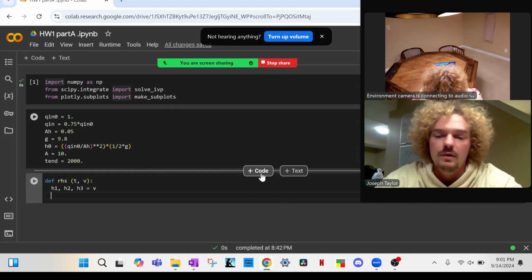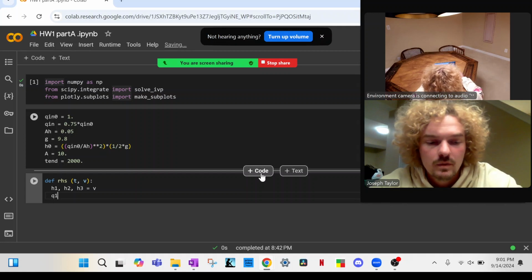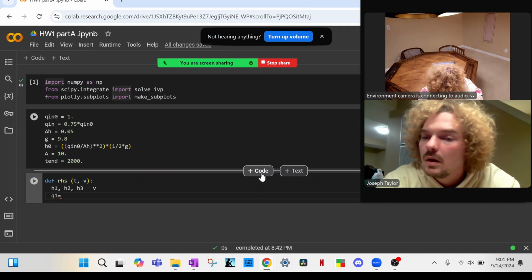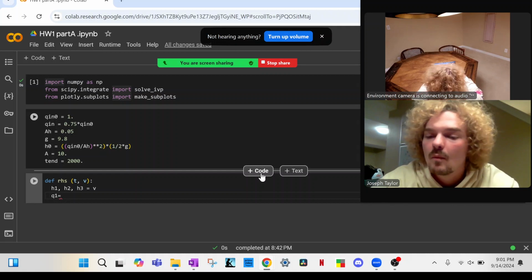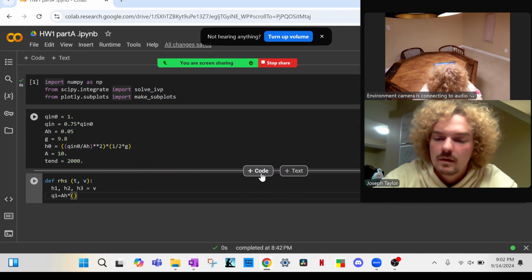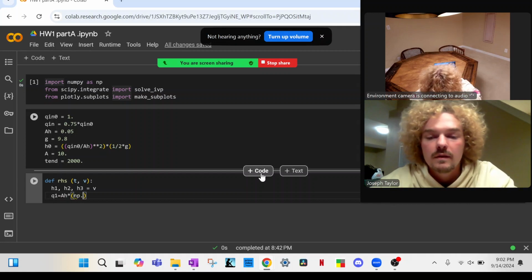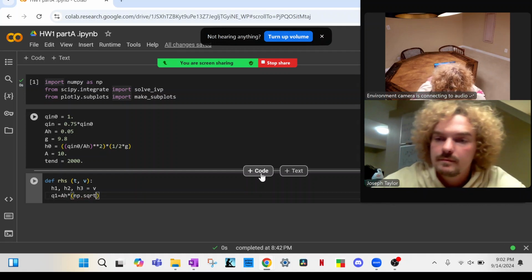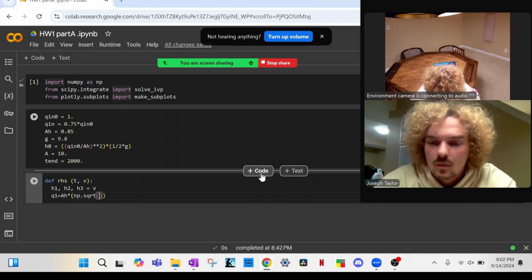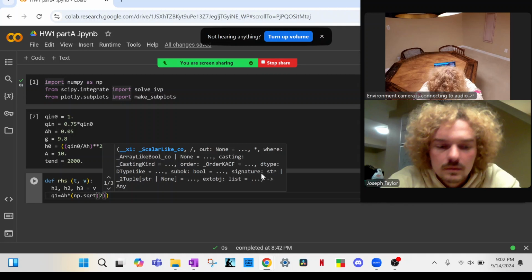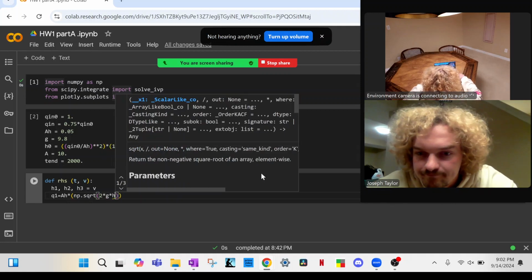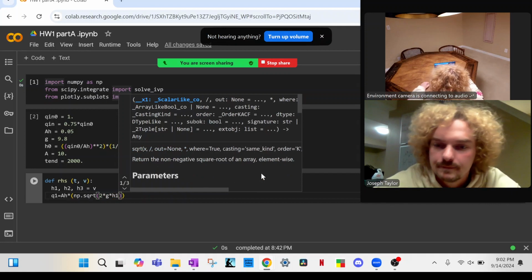So now we're going to put in our Q value. So Q1 is equal to AH times the square root of 2 times G times H1.